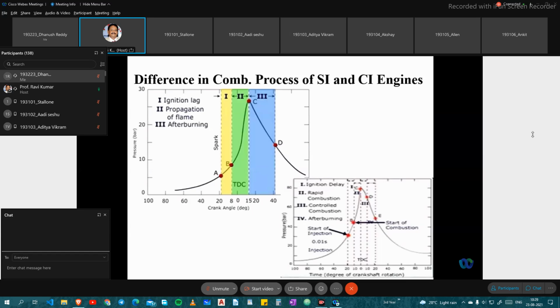Before the combustion starts, we see rapid combustion in the second stage. Whenever the air is pushed upwards in the compression stroke and it is coming to an end, at the end of it we release the fuel injection.